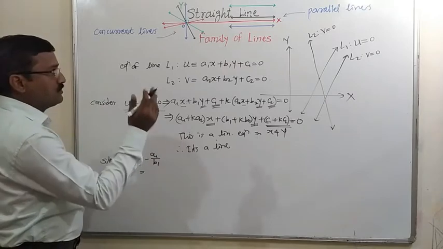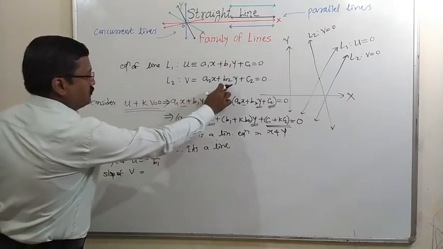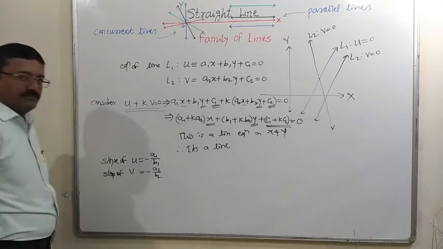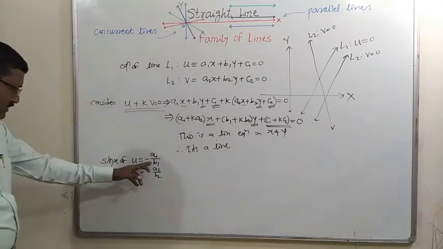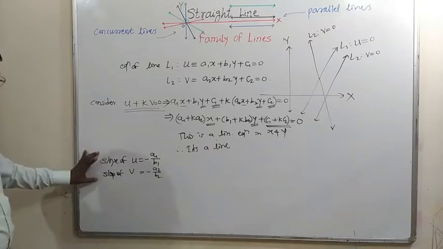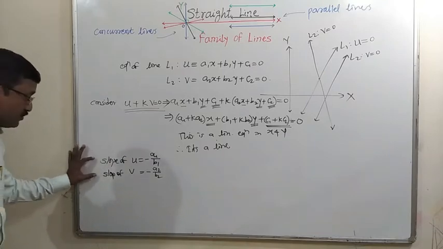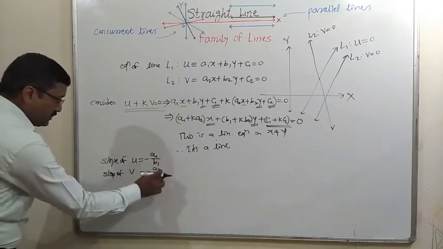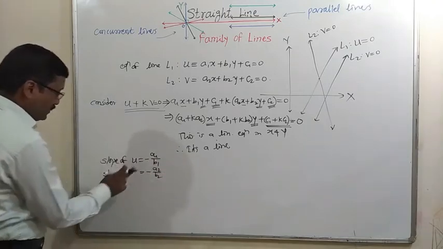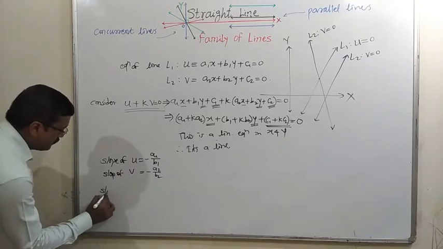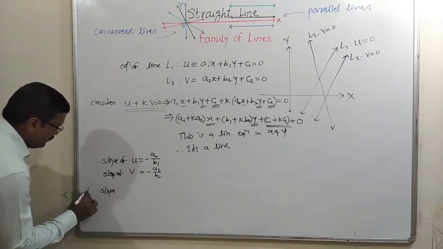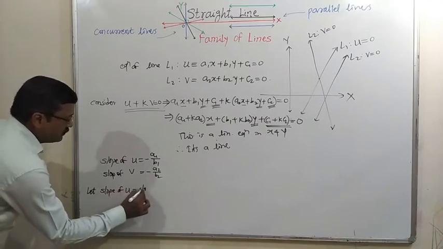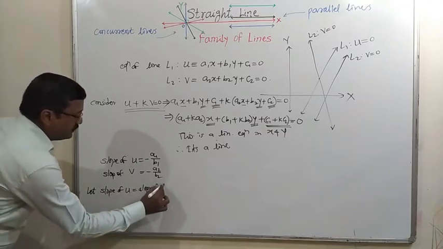Slope of v is equal to minus A2 upon B2. Now these are the two slopes. Suppose the slope of u and the slope of v are equal. Let slope of u be equal to slope of v.